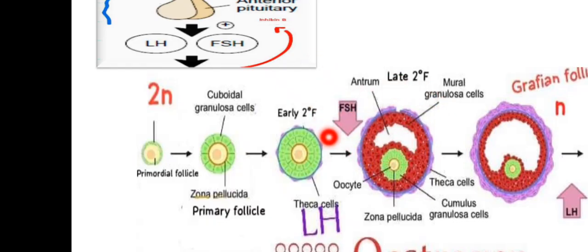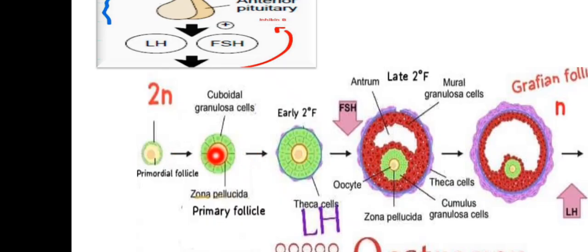Then it's going to develop into something like this, where you can see we've got the thecal cells outside, then the granulosa cells, then what we call the antrum, which basically contains fluid. That fluid is a result of the increased number of granulosa cells and increased blood supply to the ovaries, which forms what we call the antrum. There's that fluid there.